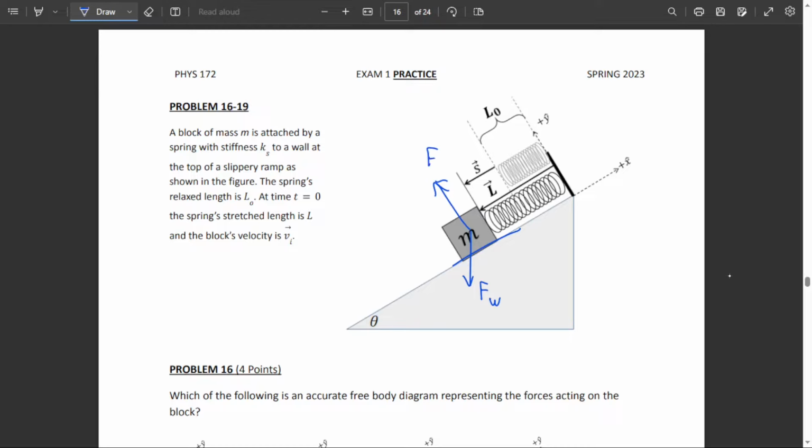And then the other force that we're going to have is caused by the spring, and that is going to be in this direction. If the spring were being contracted instead of stretched, then the force would go in the opposite direction. But right now it's being extended, so it's trying to pull back up the ramp. And so those are our three forces.